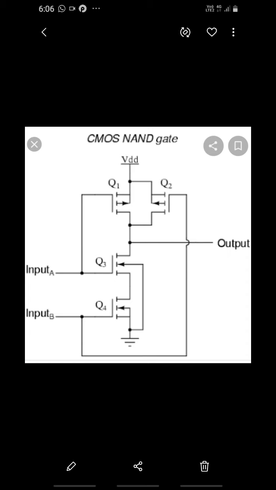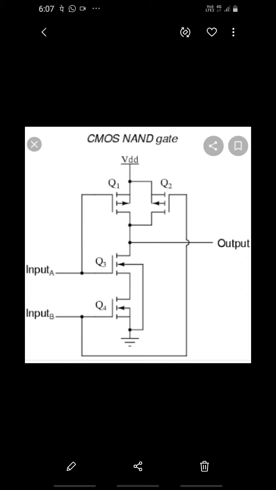For a high input, the P channel MOSFET is off and the N channel MOSFET is on. In this circuit, the output is pulled up to the supply voltage, means high, when either Q1 or Q2 is conducting. The output is pulled down to ground, means low, when Q3 and Q4 are conducting.